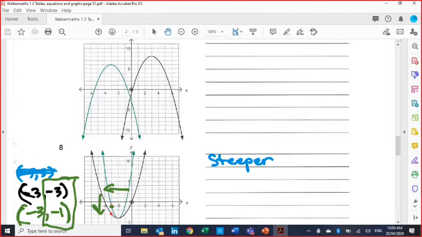So the vertexes stayed the same, but the green graph increases at 3 times the rate of the black graph. So what's happening here is to get from a 1 to a 3, that's 3 times as much. So this graph is 3 times faster, steeper than the other one.